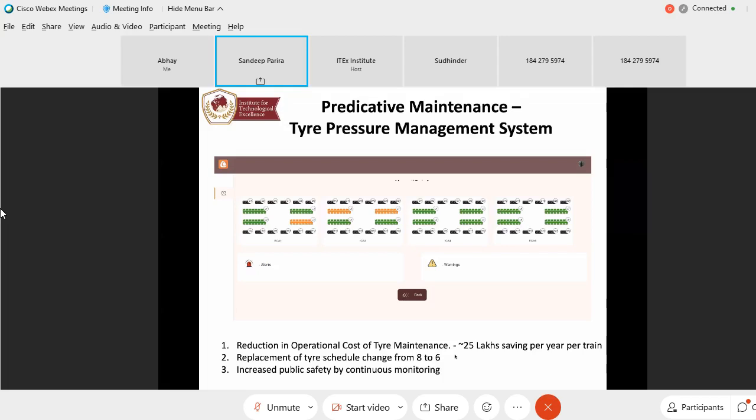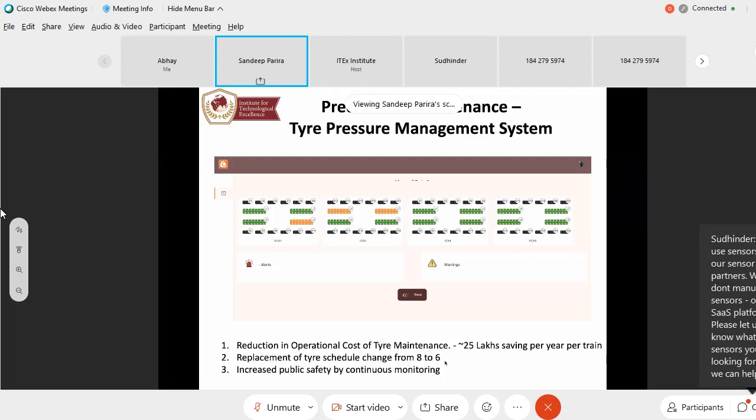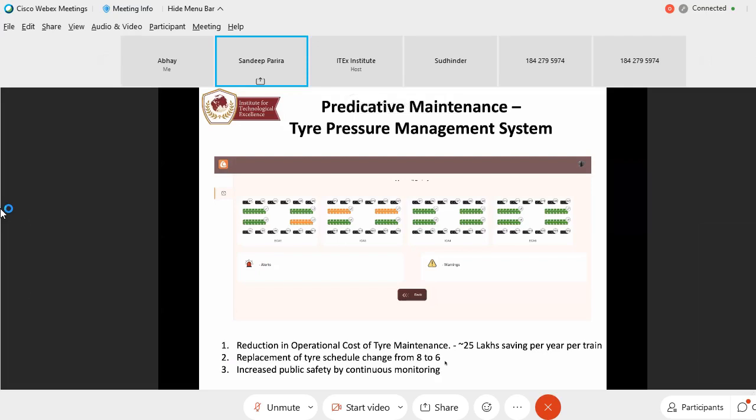We now replace 6 tires, whereas previously it was 8. And because we are continuously monitoring the tire pressure, we are also able to improve public safety.